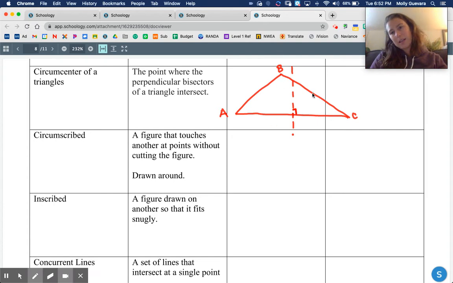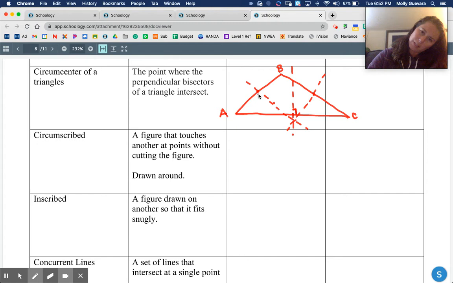Then for BC, I'm estimating that the center is around here, more or less. And I'm going to draw the line perpendicular. Boom. And then here, the center is about here. Oh, this one's going to be more difficult for me. It is not perpendicular.